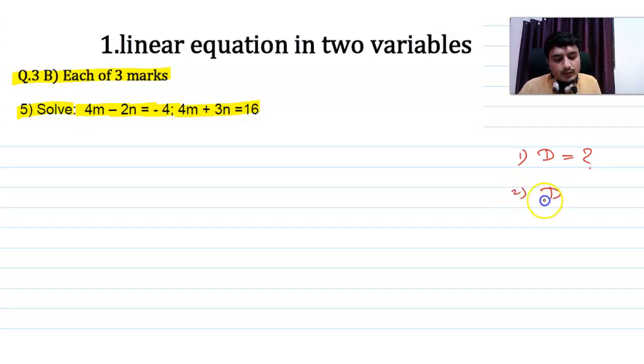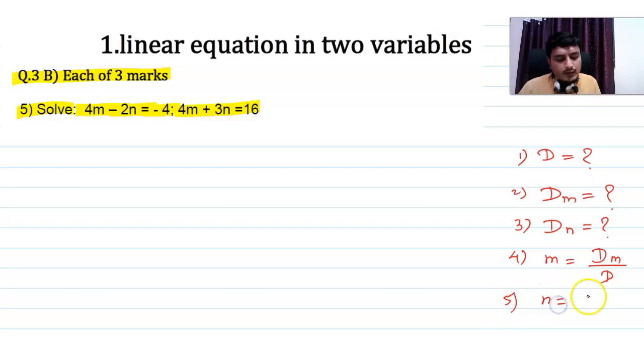Secondly, evaluate dm. Then for the second variable n, evaluate dn. The fourth step, to evaluate m, as per Cramer's rule we have dm divided by d. And the fifth step, to evaluate n, we have dn divided by d.